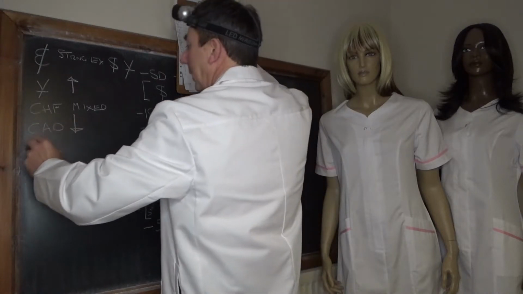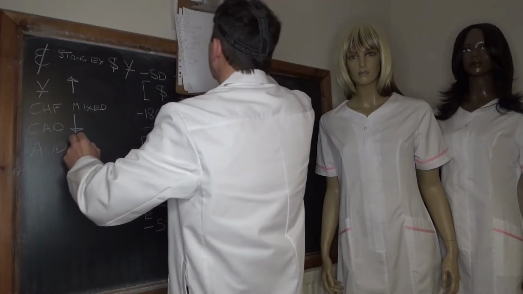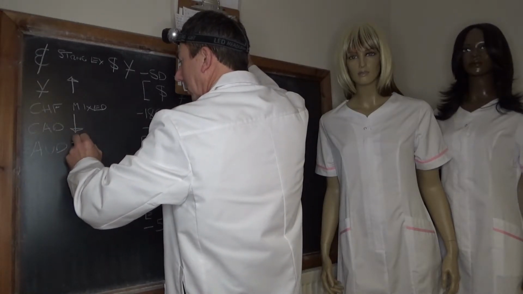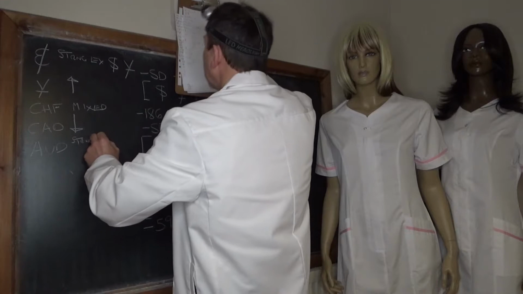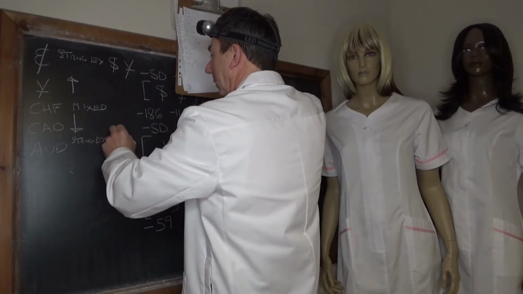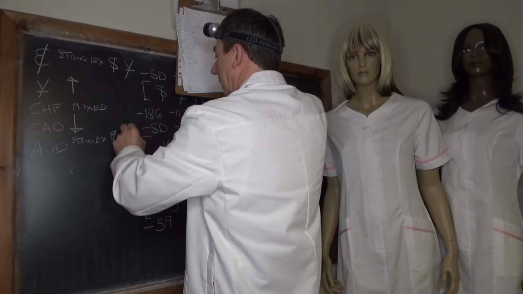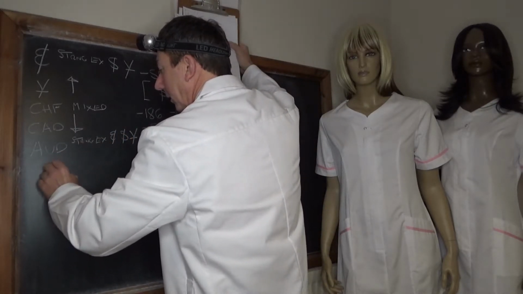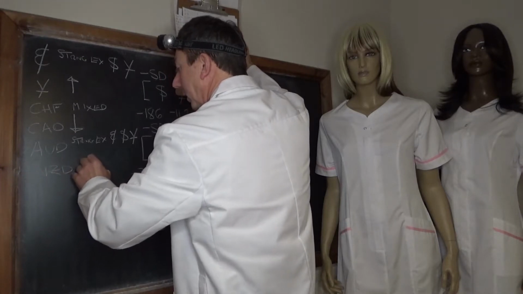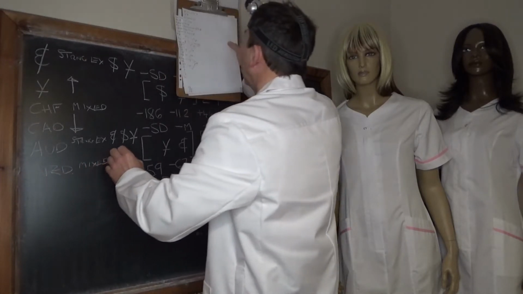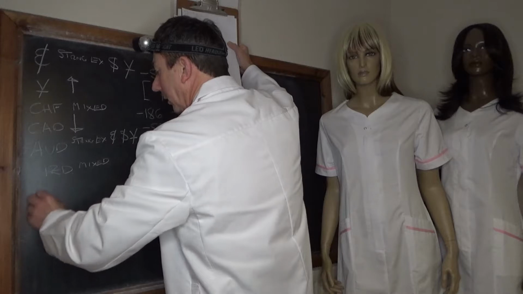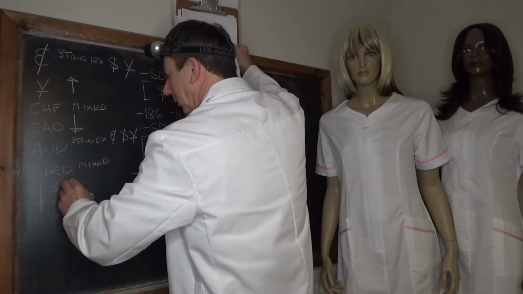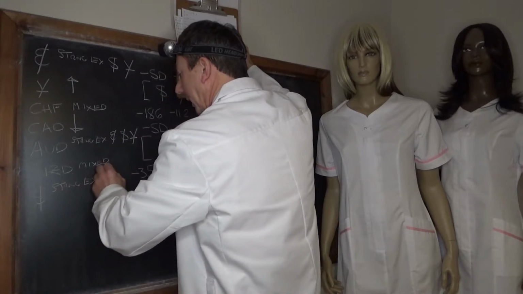The AUD is strong except against the euro, dollar and the yen. The NZD, New Zealand dollar, is mixed. The dollar is strong except against the yen.